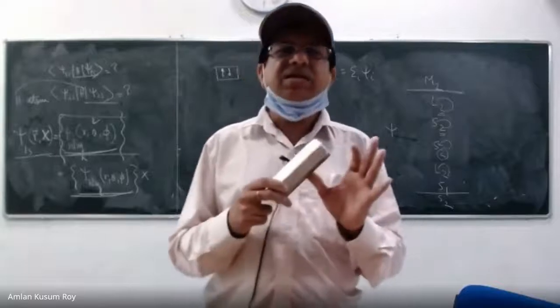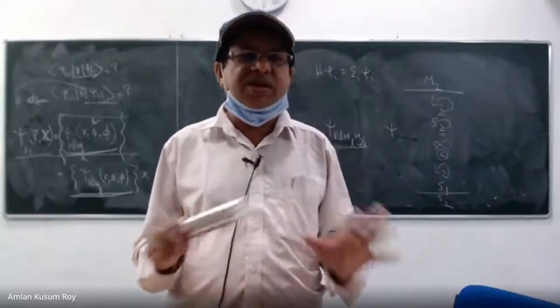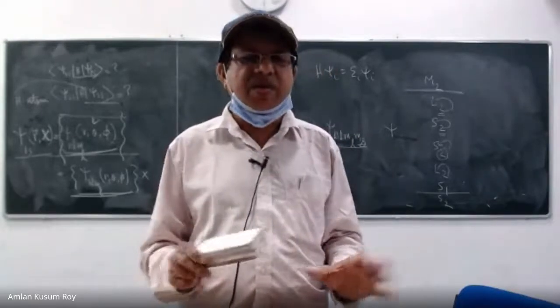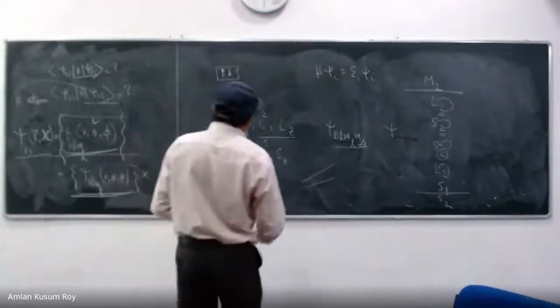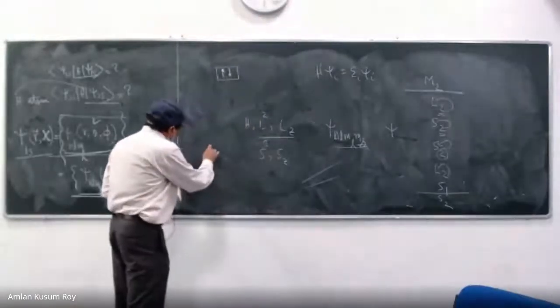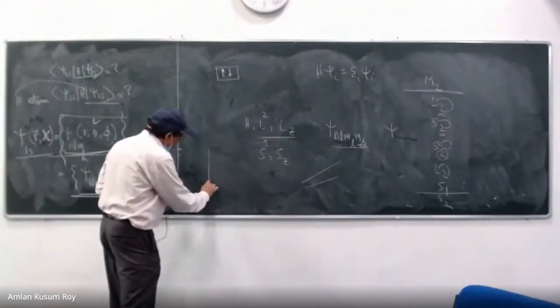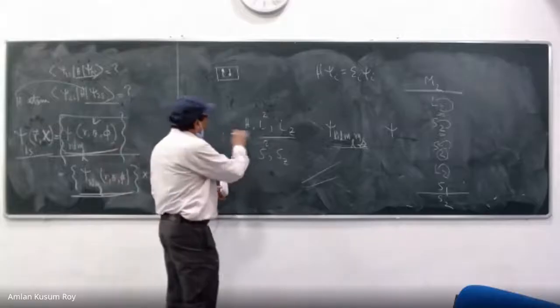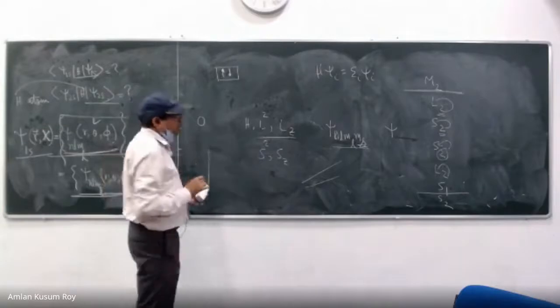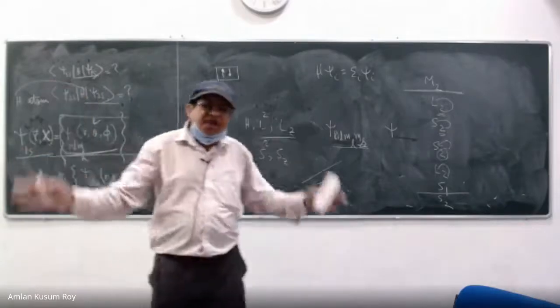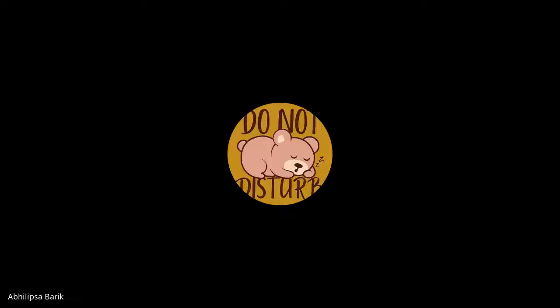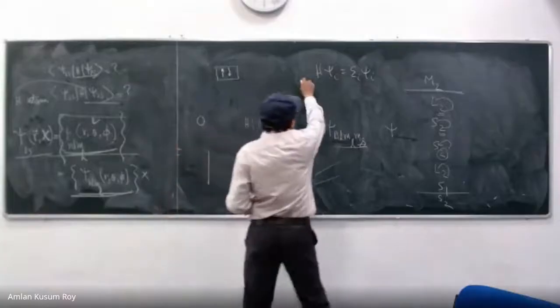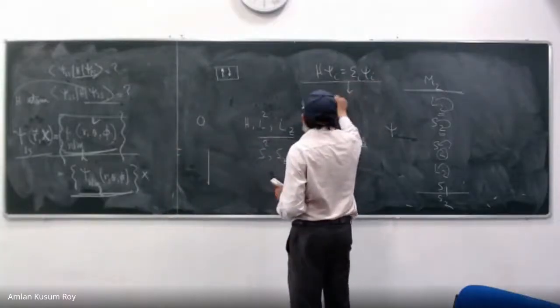But it doesn't change your physical interpretation of an operator or eigenvalue, because, as you have probably read, eigenfunctions can be written as a column matrix, and your Hermitian operator can be written as an n by n matrix. Have you read that? Okay? So this equation can be written in the matrix form.